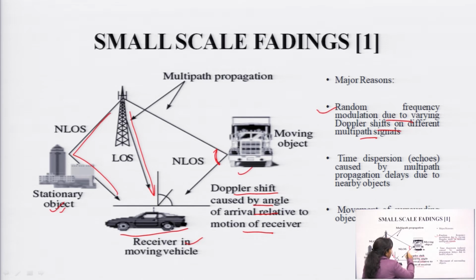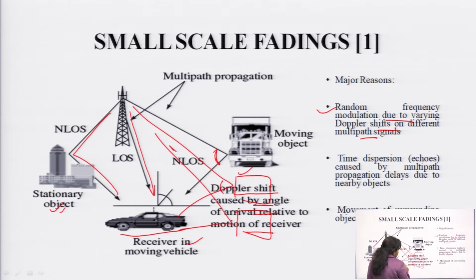I am talking about this angle: the angle of the signal changes, because when the object is here the signal is like this, then it moves and the signal comes from another angle. So the angle will change every time. All these signals are added at the receiver and undergo multipath fading, which is known as small scale fading.